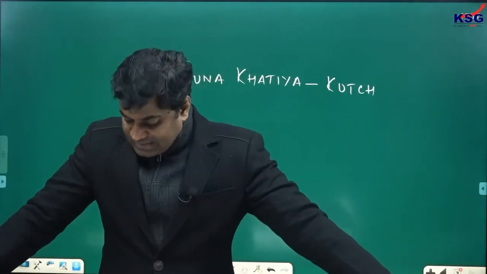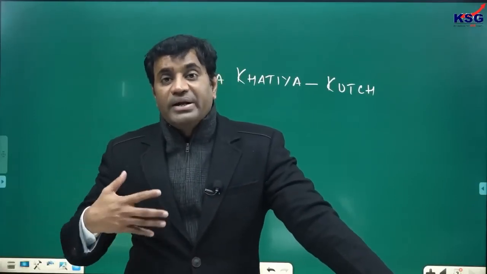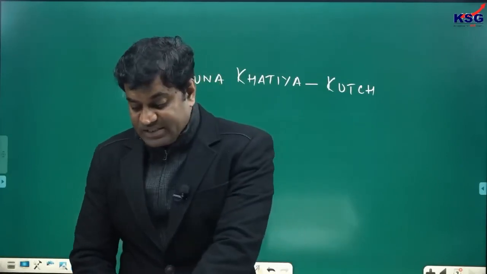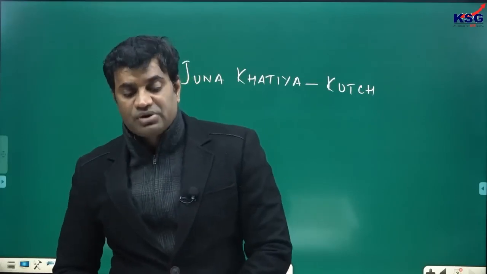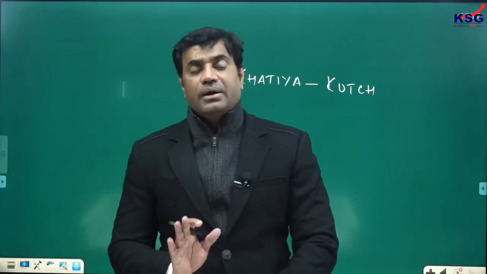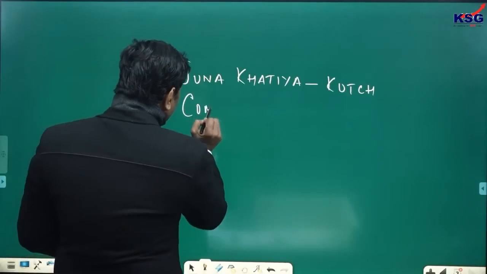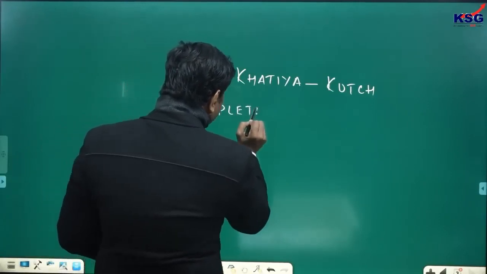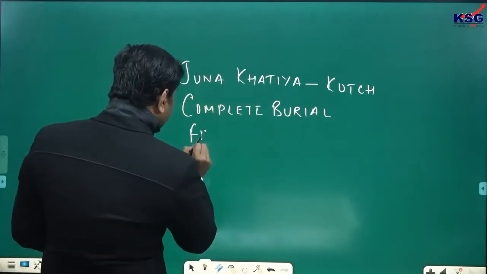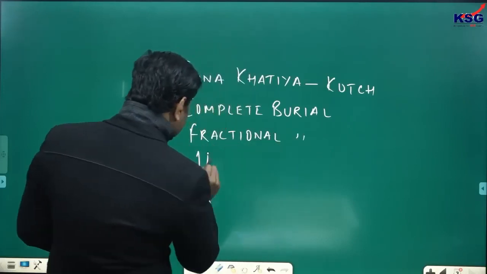This has highlighted interest to know more about burial practices of Indus Valley civilization. And in Indus Valley civilization, there were three known types of burial system. These three major types of burial system included complete burial, fractional burial, and urn burial.